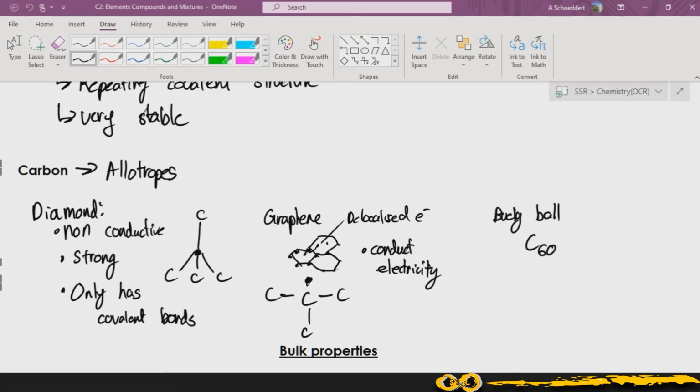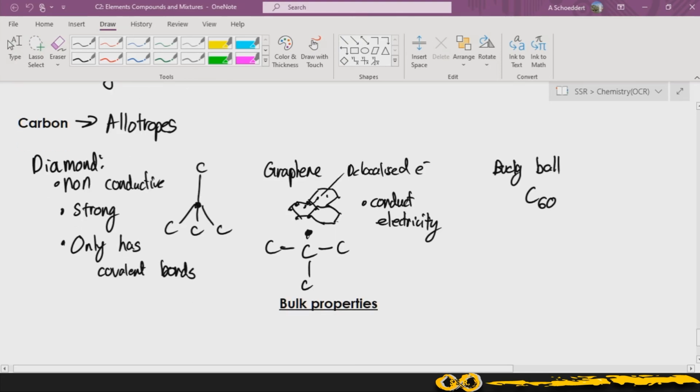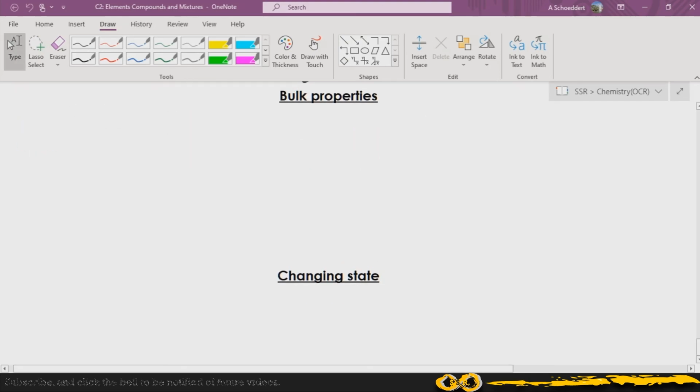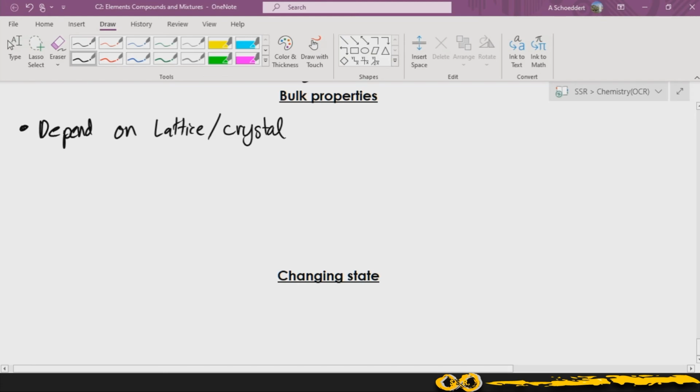Whenever you put substances together, the whole joined up substance will have certain properties that belong to it, and these are the bulk properties which will depend on the lattice or crystal structure. We know that metallic lattices are conductive and malleable, but ionic compounds are often not.